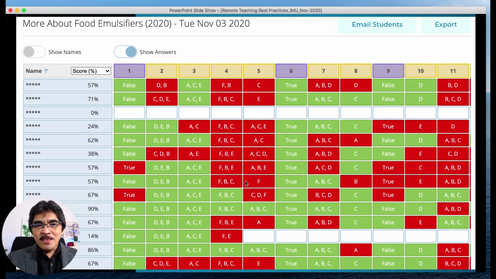For your information, they answer these MCQ questions individually, but they discuss every question in a group. They have to agree on what is the correct answer for each question. But when they answer, they may not give the same answer that they agreed on in the group.